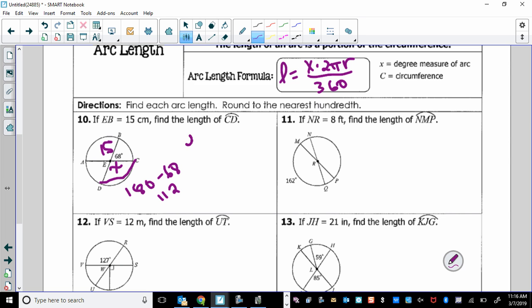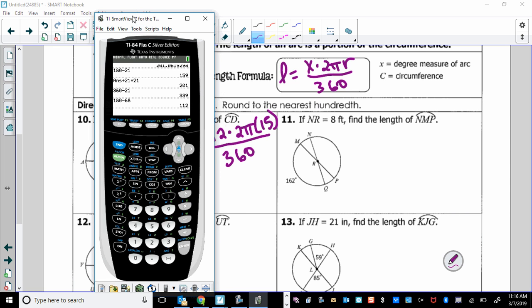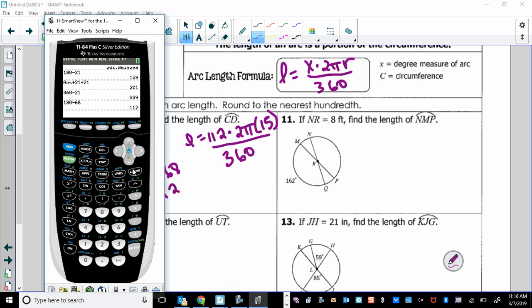So the length of CD is going to be the degree measure, which is 112, times 2 times pi times the radius, which is 15, and then divide the whole thing by 360. Okay, that's all we have to do. And then again, when you put it in a calculator, please don't forget to use the alpha y equals, or use parentheses to get it done.